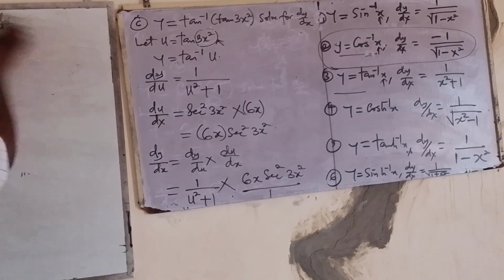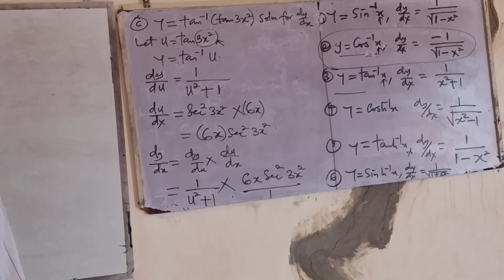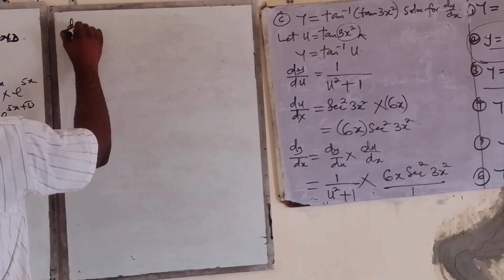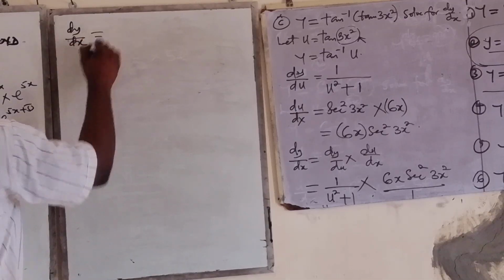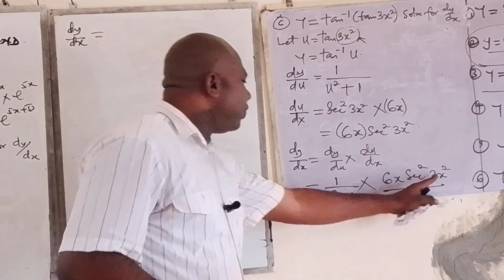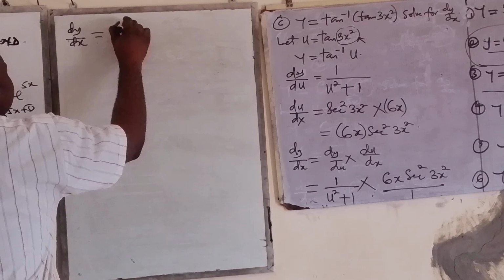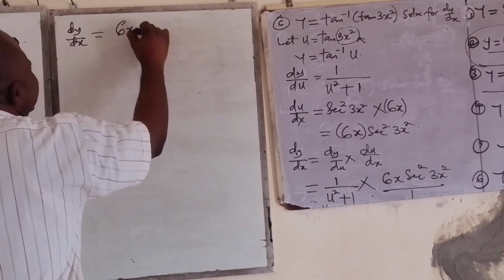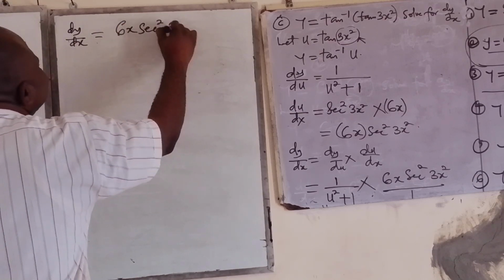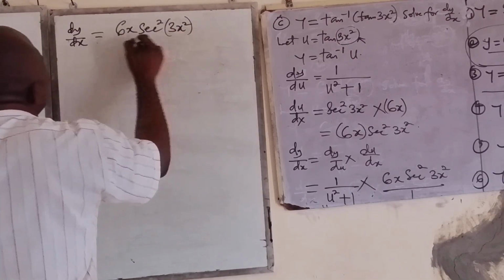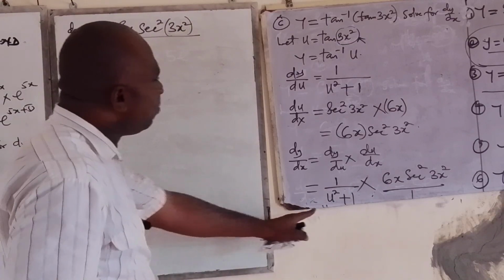So dy/dx will be equal to 6x sec squared 3x squared all over u squared plus 1.